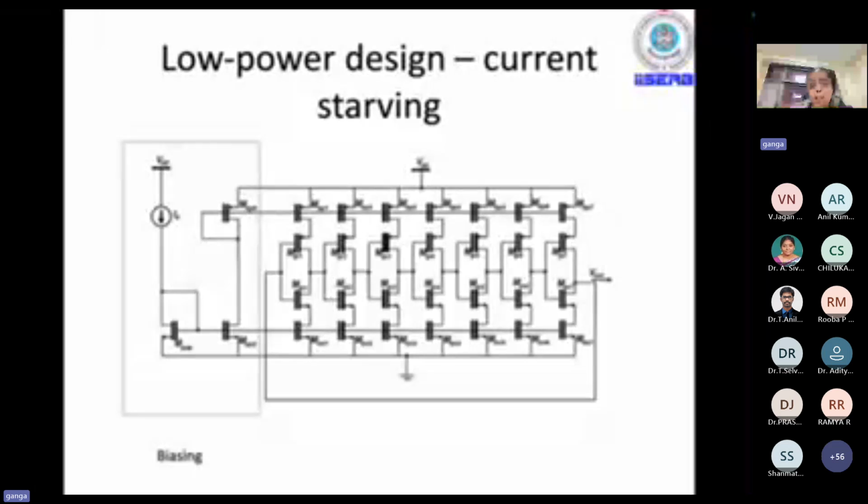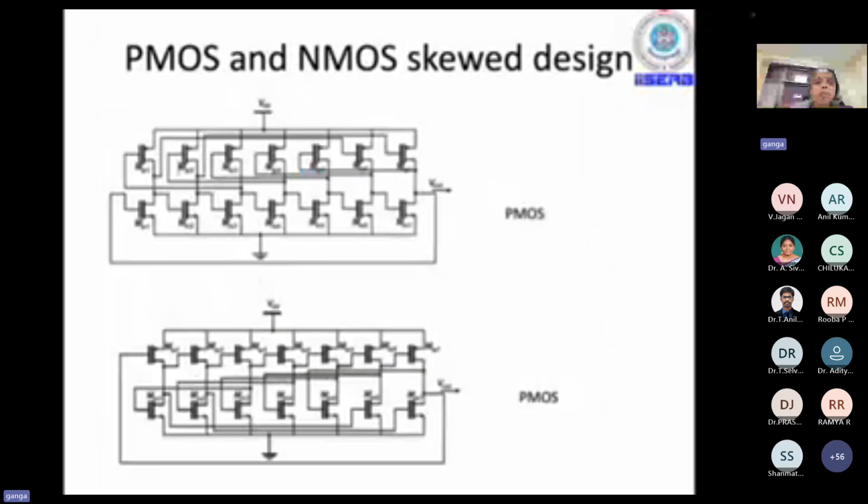Though we are making an effort to minimize the power consumption, this is going to lower the frequency of operation. So are there any other techniques where we can get low power but with reasonable frequency for the given application? We are going to see them in the coming slides.